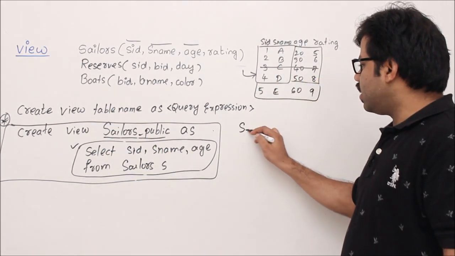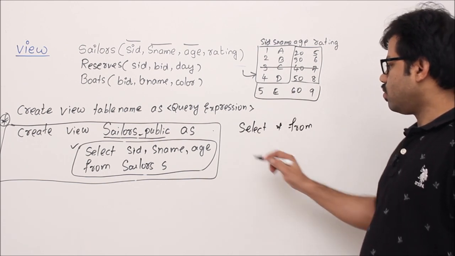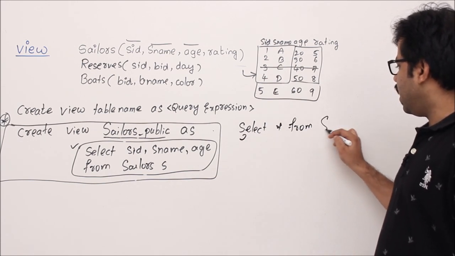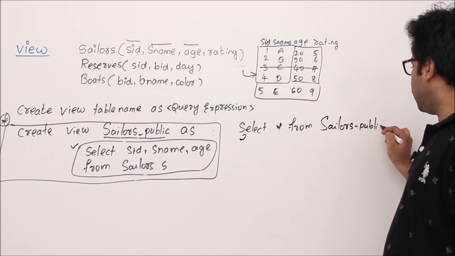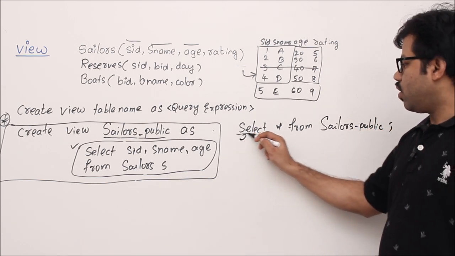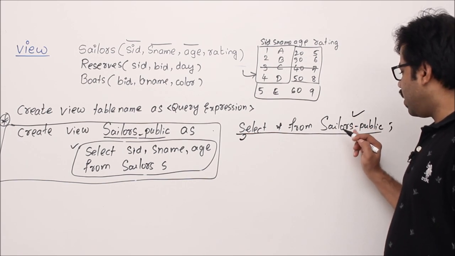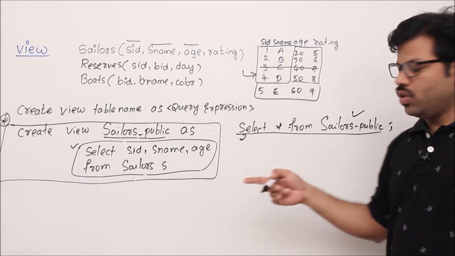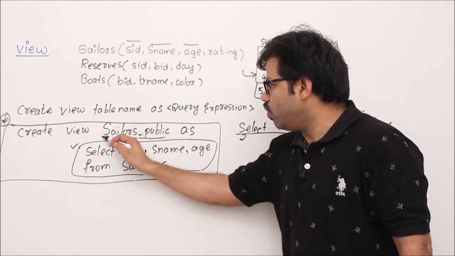Now if you write this query, select star from, what is the view name, sailors public, right? So from sailors public, at query execution time, your DBMS will try to search in the tables, and it won't find it because it is a view. Then it will go to the view definitions and see whether there is any view like sailors public.